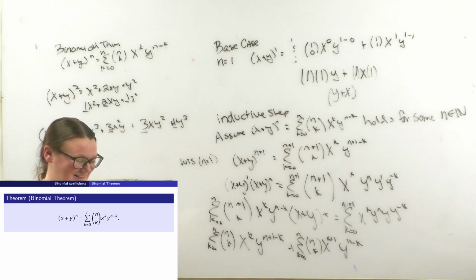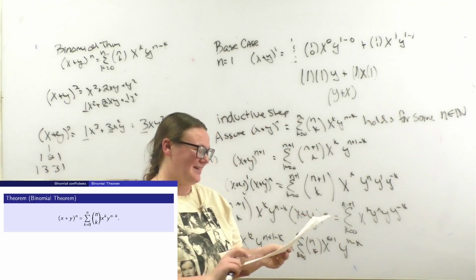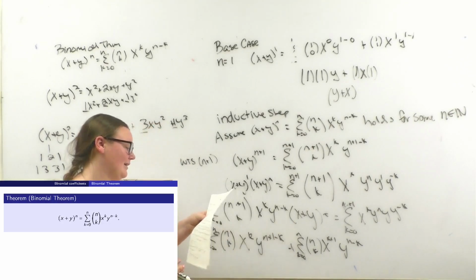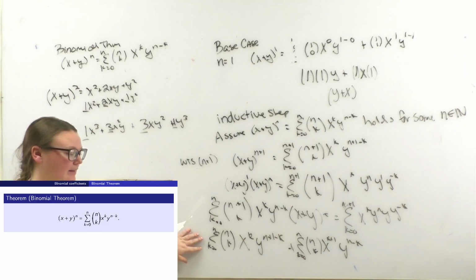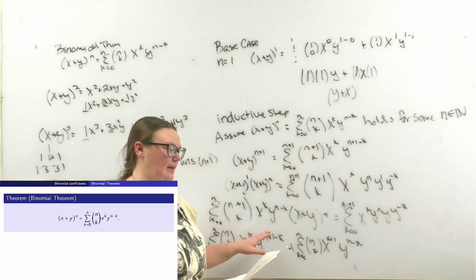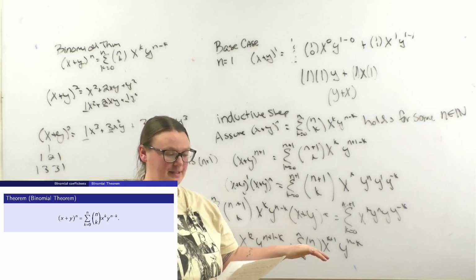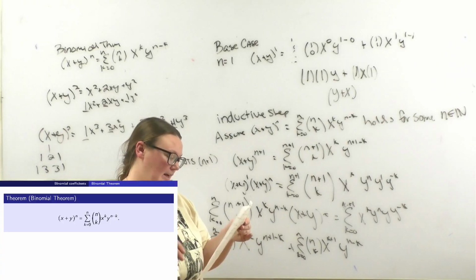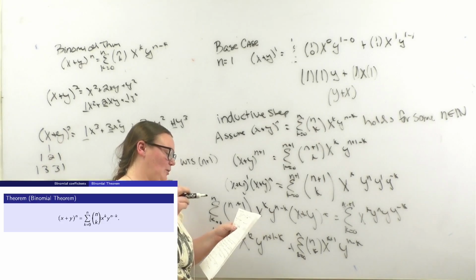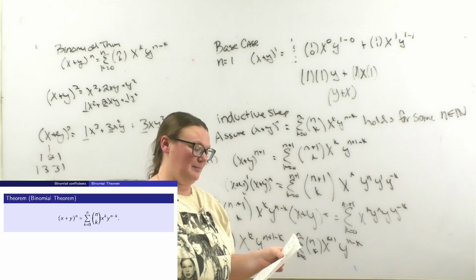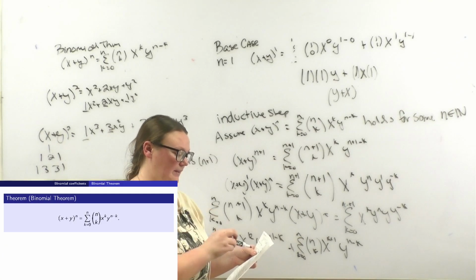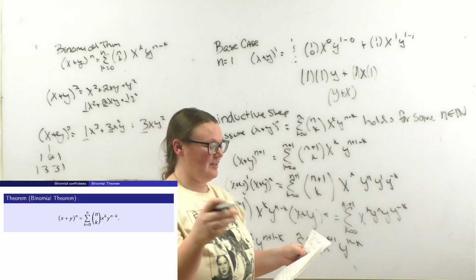Anyway, we take out a factor, and we end up with n choose 0 over here, and x to the power of 0, and then y to the n plus 1 minus 0, plus n choose n, and that's it. And then y to the n minus n plus 1 minus 1, so that goes away. And then y goes n plus 1 minus 1 plus 1, so it's just y.